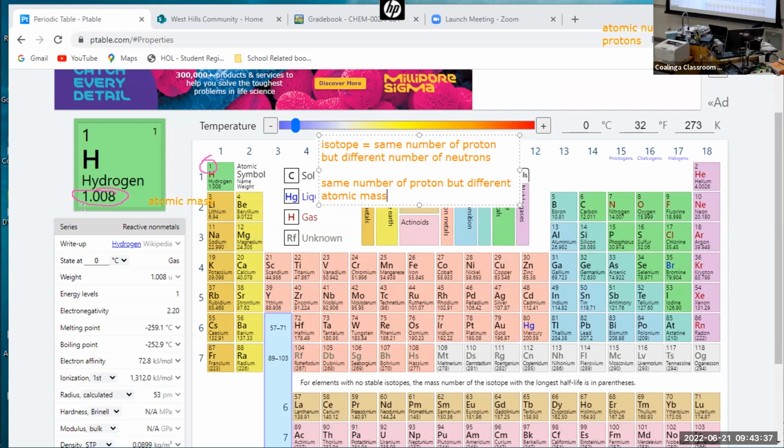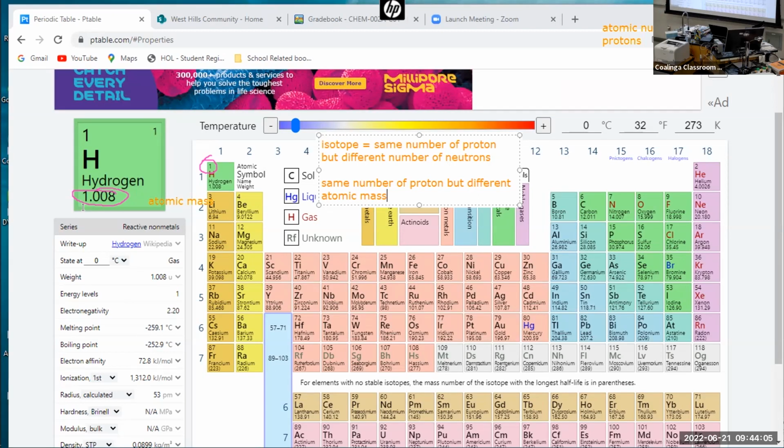There's lithium that weighs this much, lithium that weighs this much, and lithium that weighs this much. The one that's most abundant, because it's so close to 7, is 7. It's going to be like 90%, where all of the other lithiums are going to be less. That's the reason why it's close to 7. It'll make more sense once we get to that part, but you're just getting pieces here.